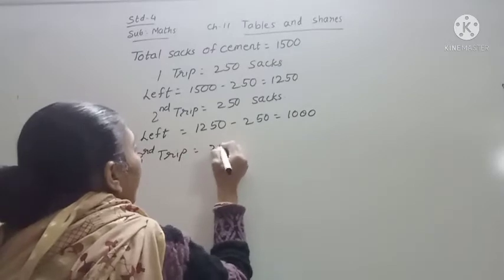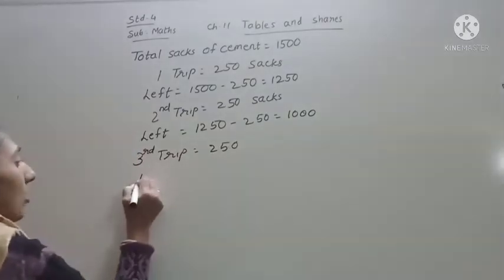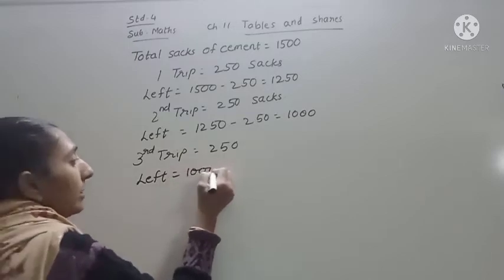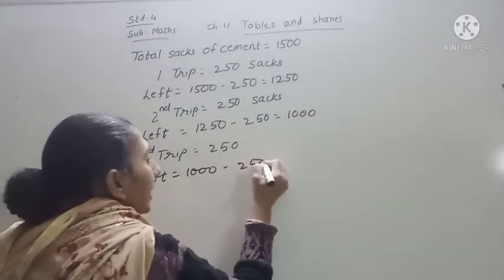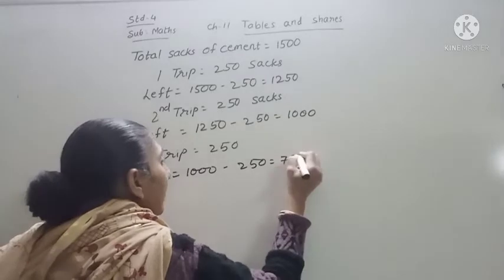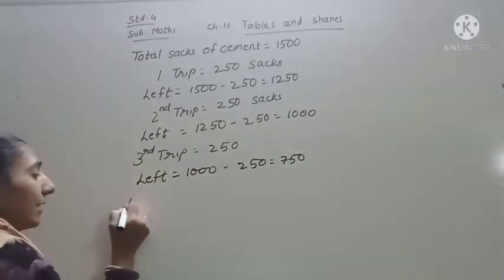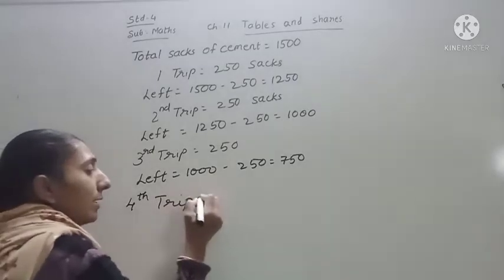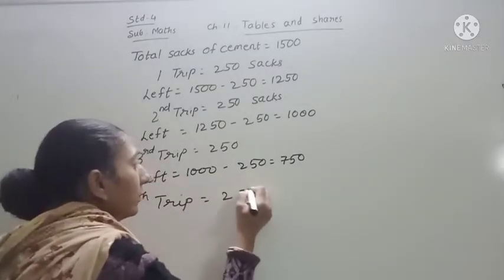again 250. So how many are left now? 1000 minus 250 is equal to 750. Then in the fourth trip, again 250.